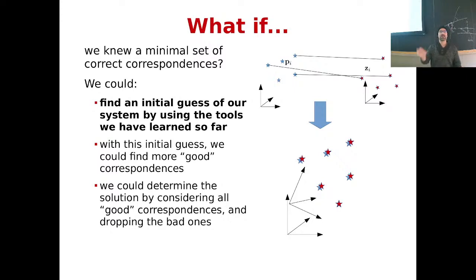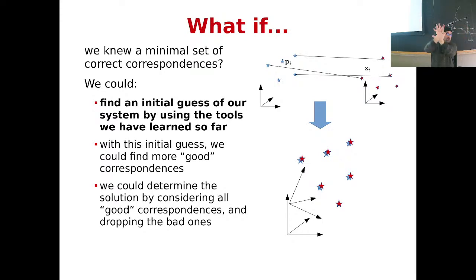We know that 10 correspondences in this point cloud are good. Well, what we could do is to take this initial set of correspondences, these 3 points or 4 points. 3 points are sufficient to register 2 point clouds because they resolve the 6 degrees of freedom. We could take this minimal set of correspondences, 3, calculate a solution, and we could do this.